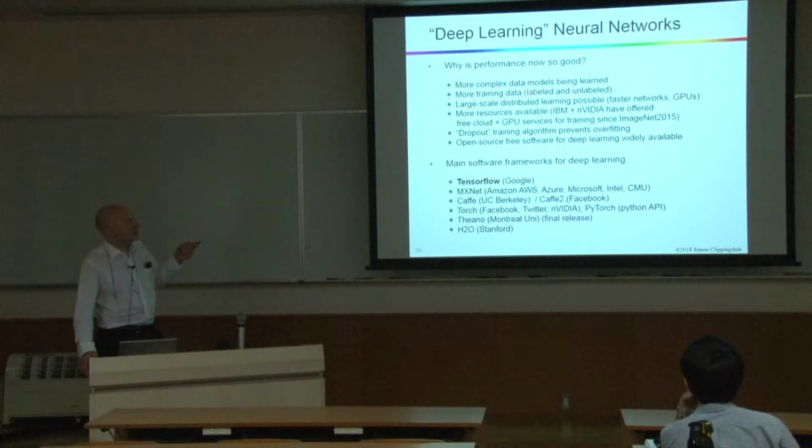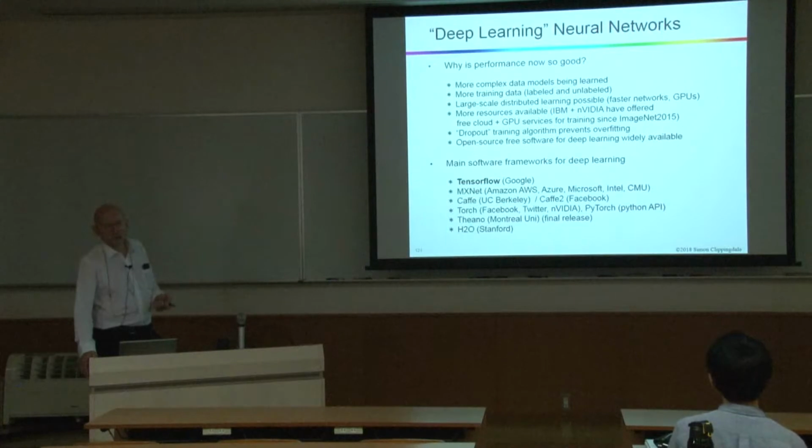There's more training data, labeled and unlabeled, now available with these big data sets. Large-scale distributed learning is now possible because, well, the internet is just one example, but there are faster networks, networks within computing machinery as well as between them, GPUs, architectures within deep learning machines that connect GPUs together, and it's really all about memory bandwidth to and from your GPU.